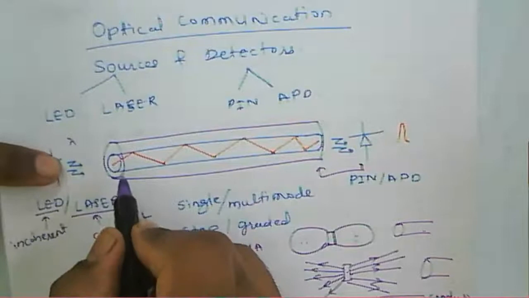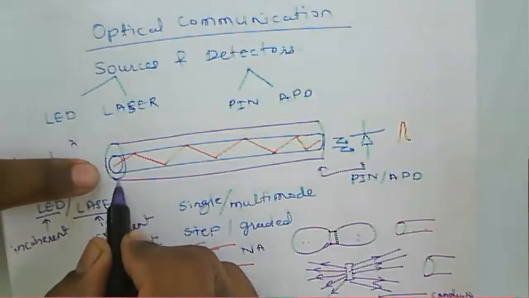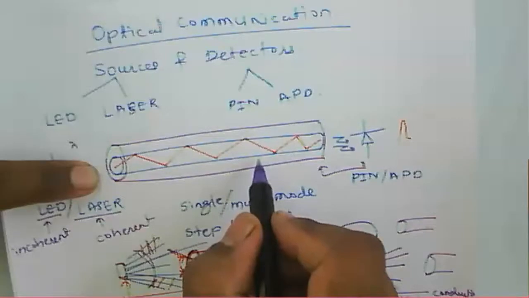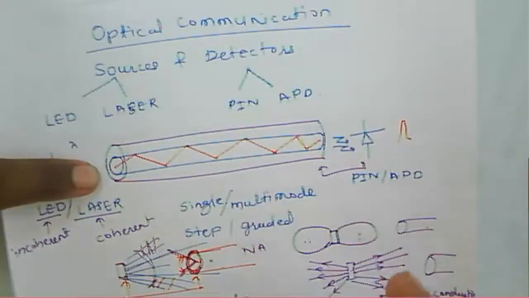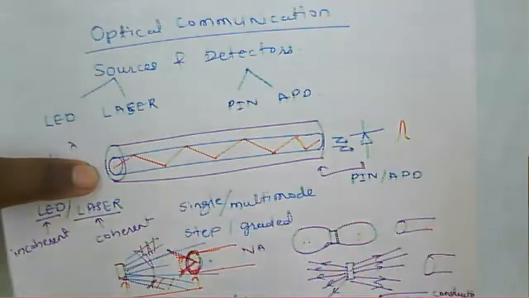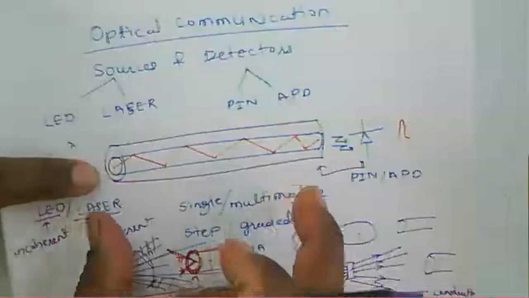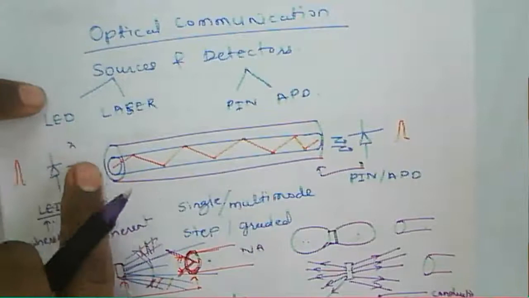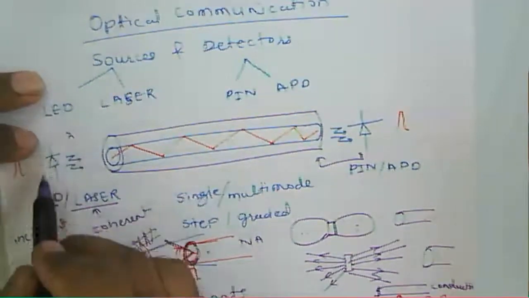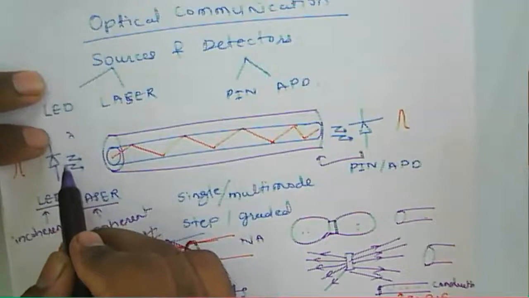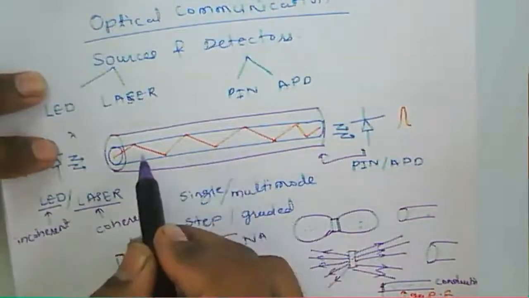As we have seen earlier, losses depend upon the length of the fiber and upon the operating wavelength of the fiber, because Rayleigh scattering occurs at a shorter wavelength, and intrinsic or extrinsic absorption again depends upon the wavelength. So all the losses relate to the operating wavelength. So whichever source we select, that source should emit light at a wavelength where the fiber has low losses and low dispersion.